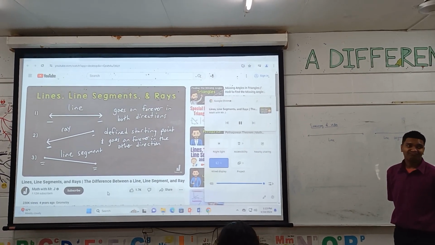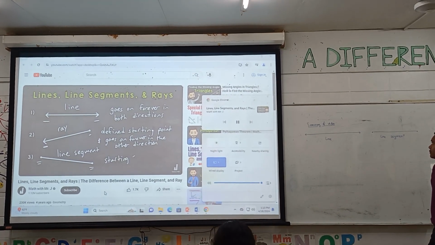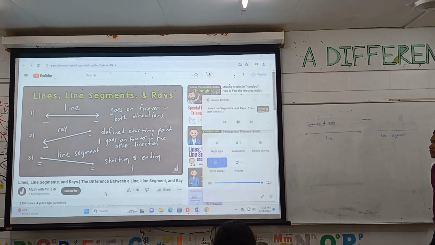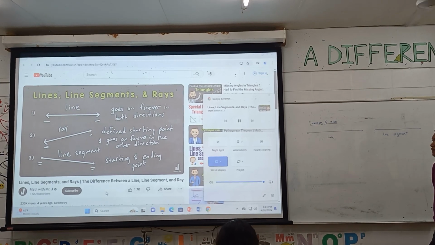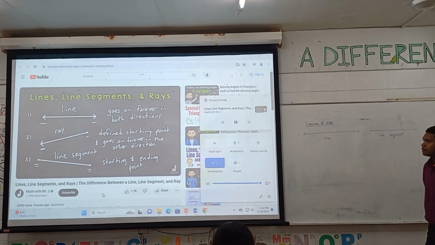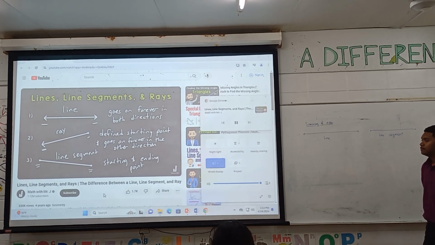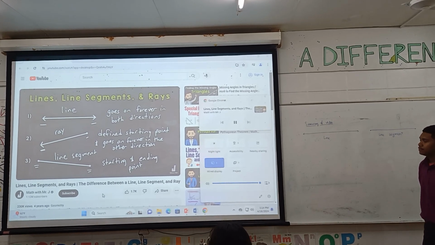So I'll put starting and ending point. Just to recap here, a line goes on forever in both directions. A ray has a starting point and then goes on forever in the other direction. And a line segment has a starting and an ending point.